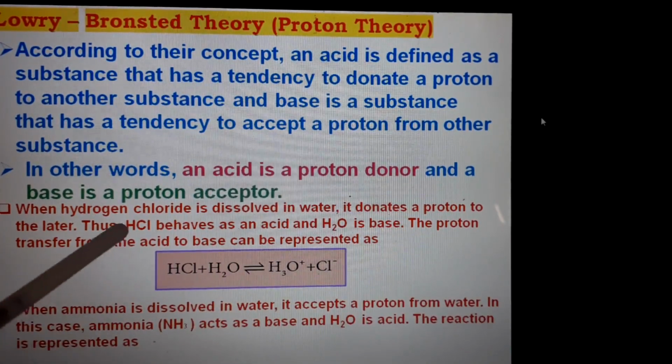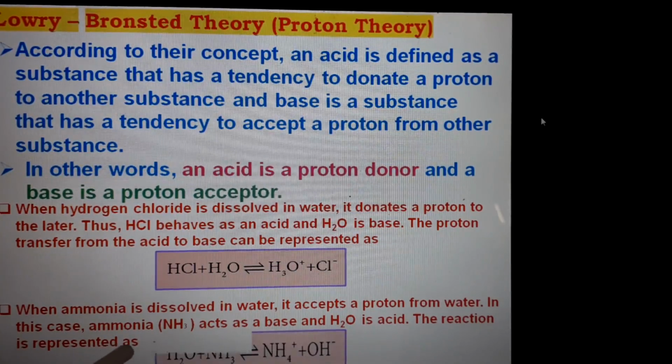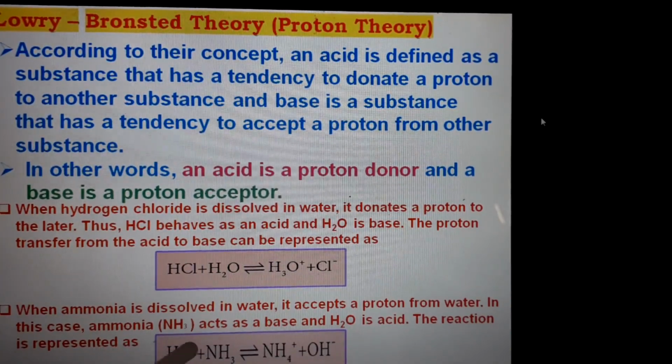Another example: when ammonia is dissolved in water, it accepts a proton from water. In this case, ammonia acts as a base and H2O is the acid. The reaction is represented as H2O plus ammonia. Ammonia is the base, H2O is the acid.